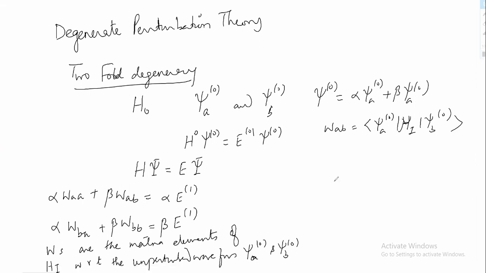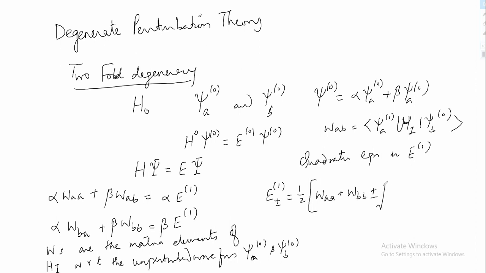Now with this we obtained a quadratic equation in E1, and the result was E plus minus 1 equal to half of WAA plus WBB plus minus the square root of WAA minus WBB whole square plus 4 WAB whole square.